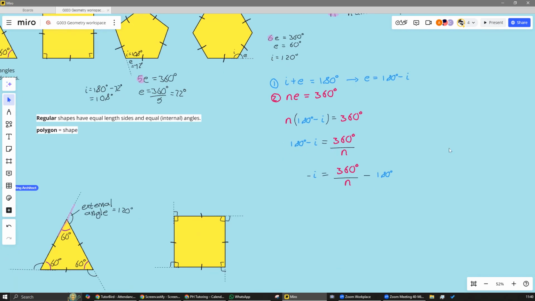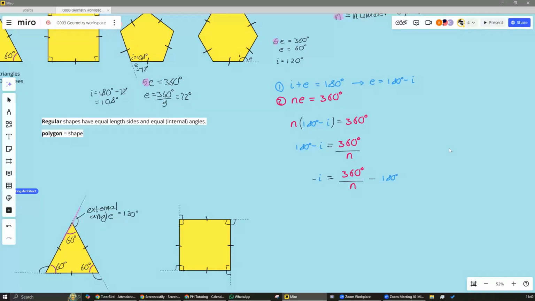So we want to multiply both sides by -1, and when we do, on the left hand side we will just get I, which is what we want. Now I is the subject. What do we get on the right hand side when we multiply both sides by -1? Well, this whole thing would become negative 360 degrees over n, and this thing would be negative 180.